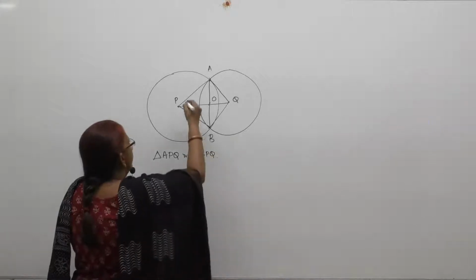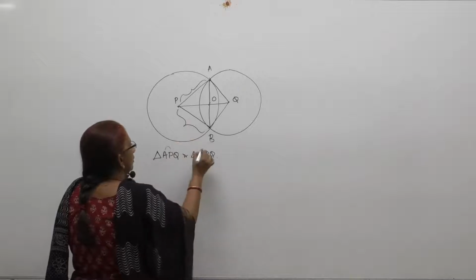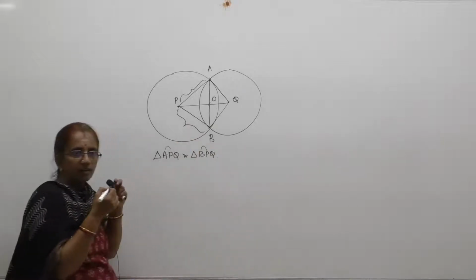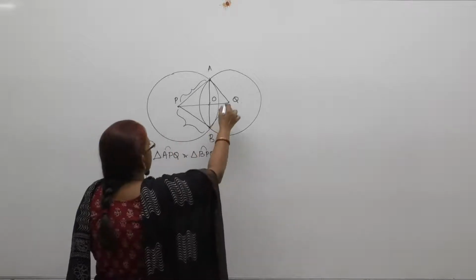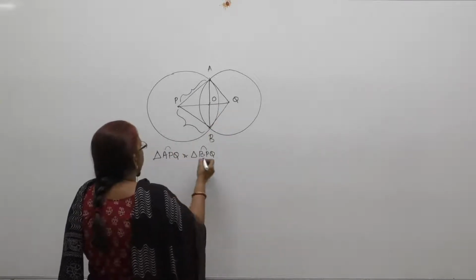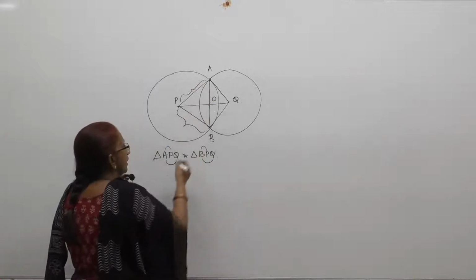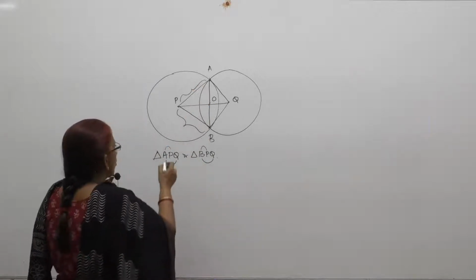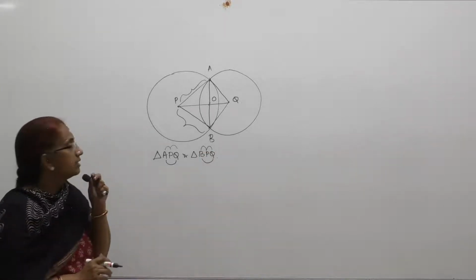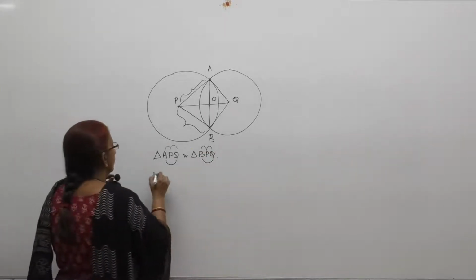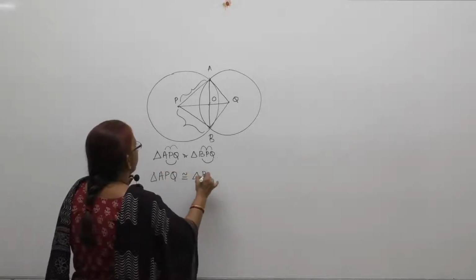They are congruent by SSS congruence because AP and PB are equal. Why are they equal? Because they are the radii of the circle with center P, and you can see that BQ equals AQ. And then PQ is a common side to both, right? So by SSS congruence, triangle APQ is congruent to triangle BPQ.